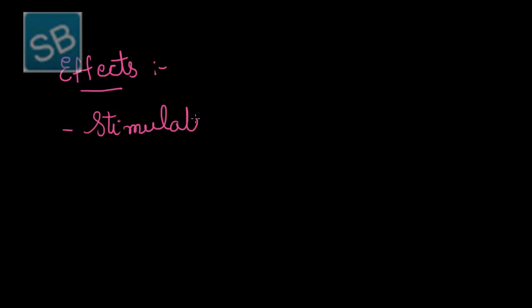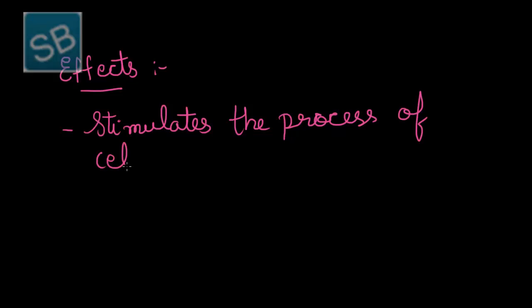Now let us study the effects of cytokinin. As said earlier, it is generally present in the region of cell division and so it helps in the growth of the plant. Thus, it stimulates the process of cell division, elongation, and differentiation.